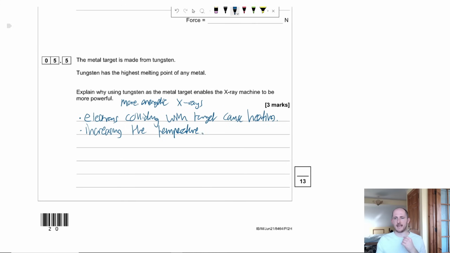And so you need to have a metal with a high melting point. So a high melting point allows more energetic collisions.